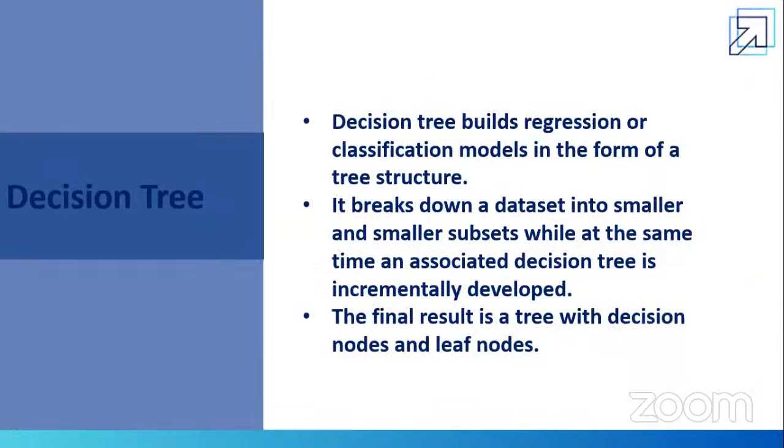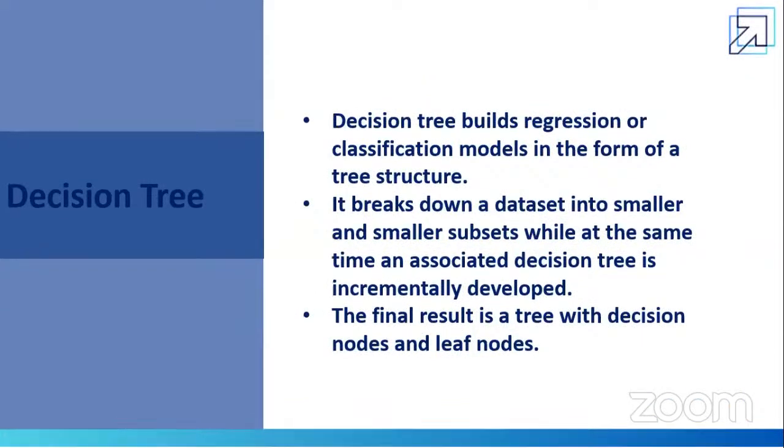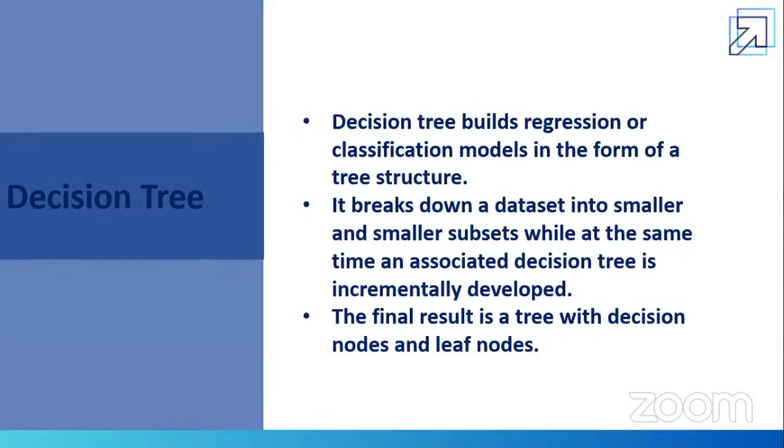Decision tree is used for both classification and regression. What does it do? It simply breaks down the data set into smaller and smaller subsets, and with every subset there is a decision associated.